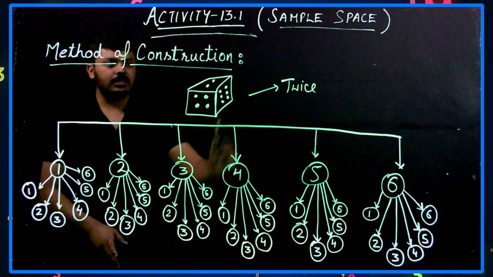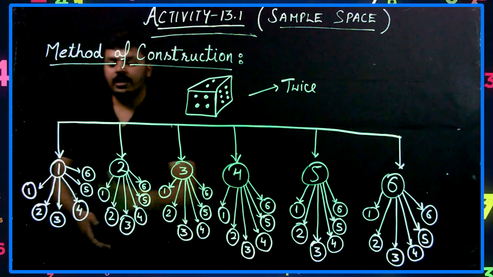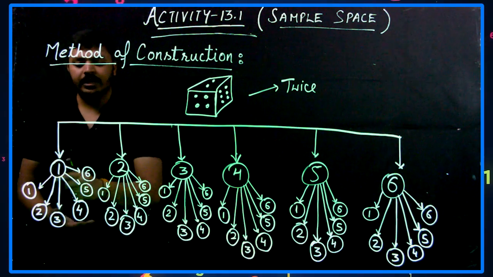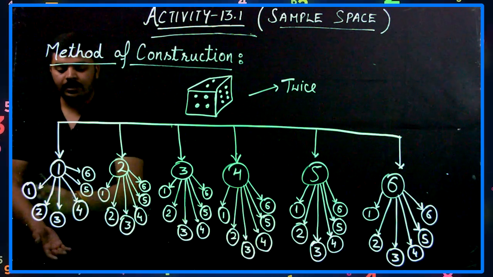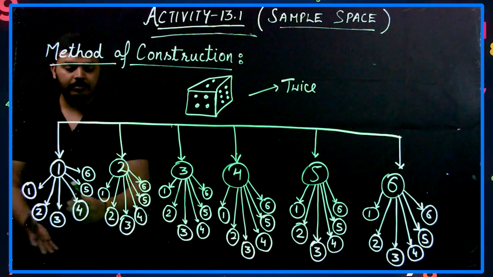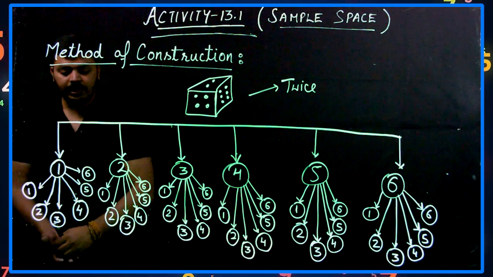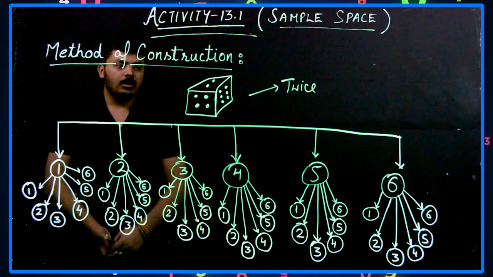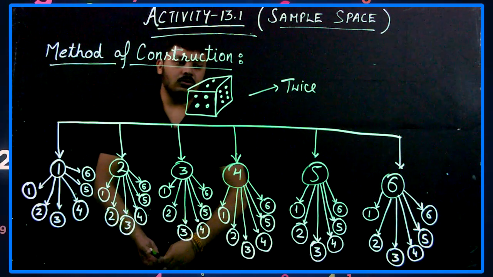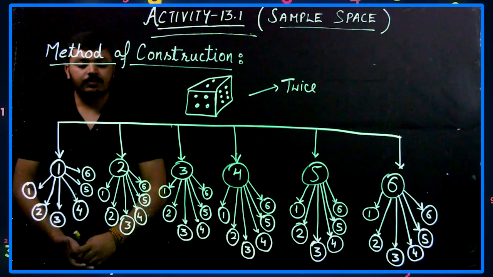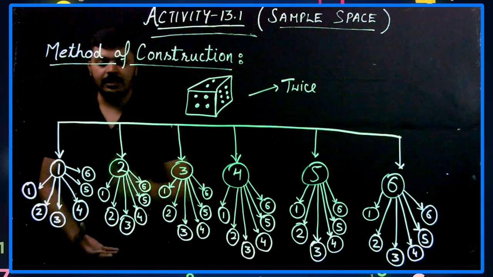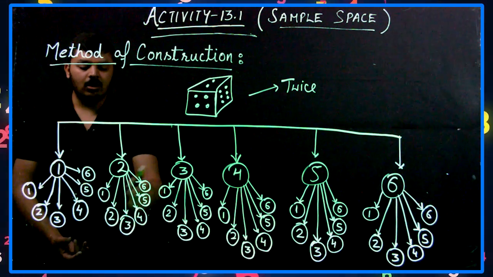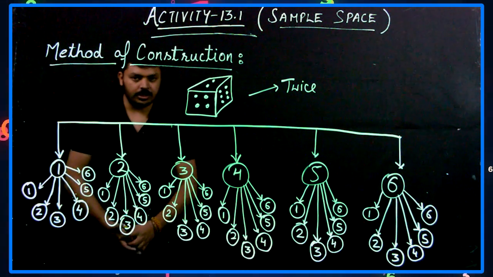That is, if the first time we get a 1, the second time we can get all the 6, that is 1, 2, 3, 4, 5, 6, so it becomes 1 with 6 outcomes along with it. In the second case, if the first throw gives us 2, then in the second throw we can get the 6 outcomes 1, 2, 3, 4, 5 or 6.